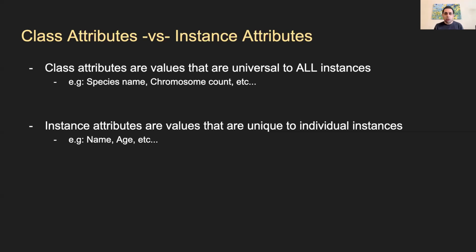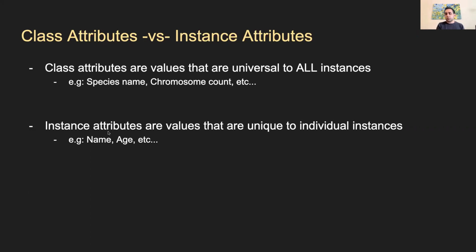But also chromosome count, like humans all have 23 chromosomes. Dogs, my dog facts aren't well brushed up on, so I don't know how many chromosomes dogs have. Again, these are typical cases, and there are exceptions to this rule. There are some diseases where chromosome count might be a little different. But generally speaking, chromosome count and species name are universal to all humans collectively, and all dogs collectively.